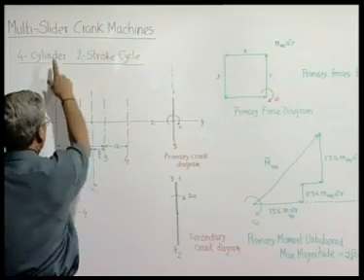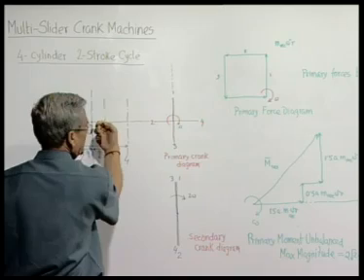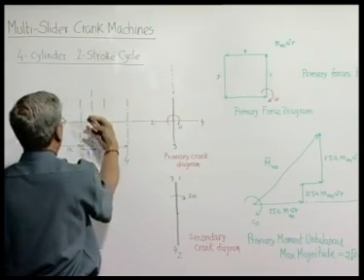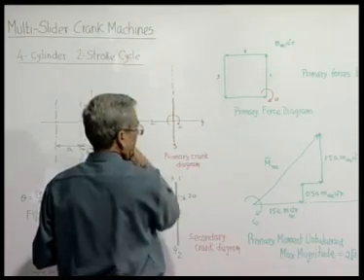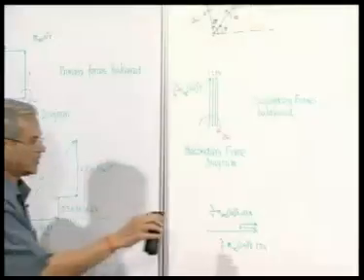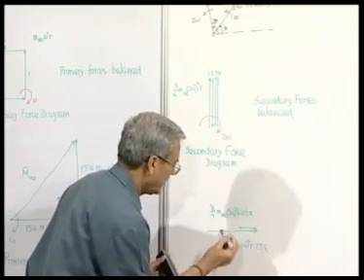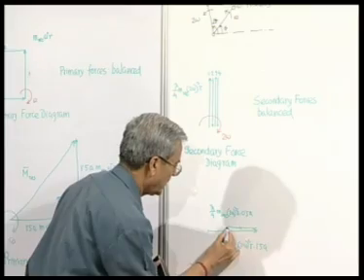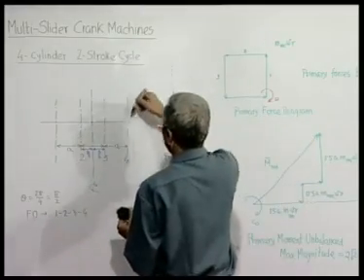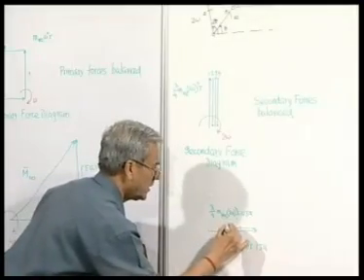This is producing a moment in this direction, this is producing a moment in this direction. Now, this is in the upward direction, so that is also producing a moment in this direction. I think I was right. Now, the fourth one is producing a force in this direction, that means it should go in the other direction.